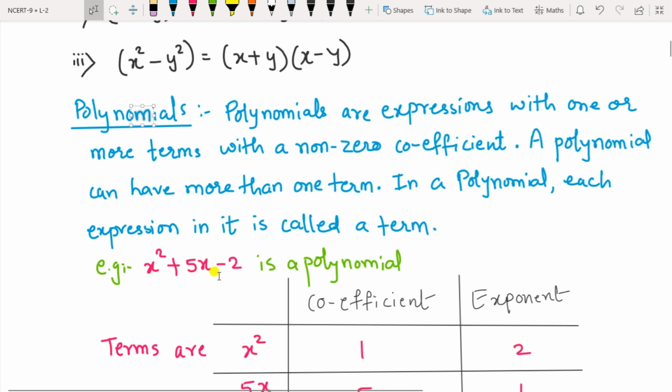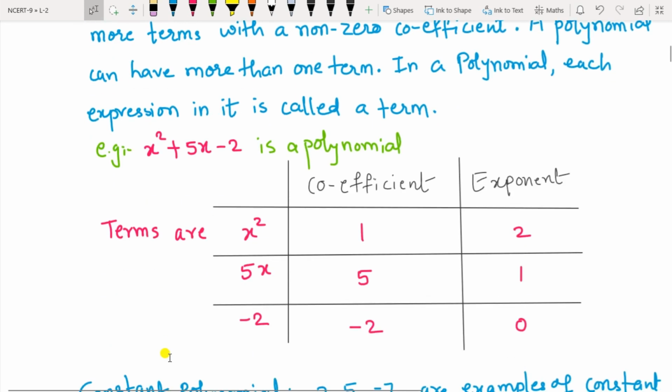So this is an algebraic expression, and it is called a polynomial. Now each expression in this polynomial is called a term. You can see here I have split out the terms. So x square is one term, 5x is another term, and minus 2 is the third term. Now the terms have two parts, that is coefficient and exponent.